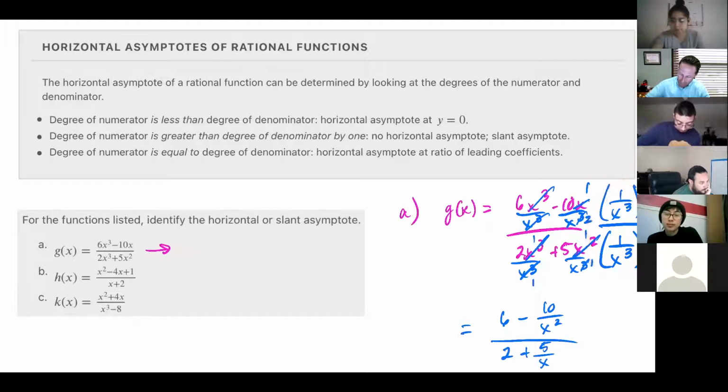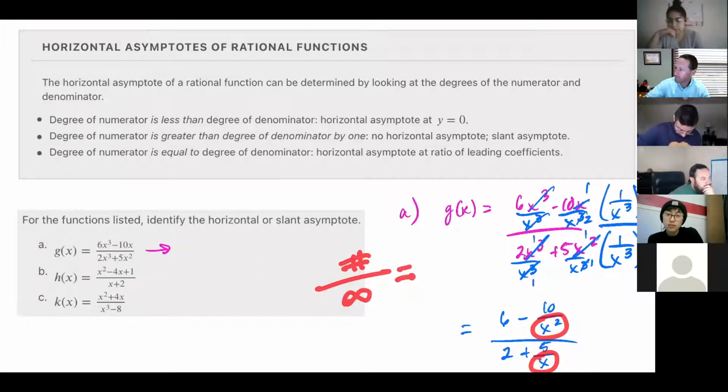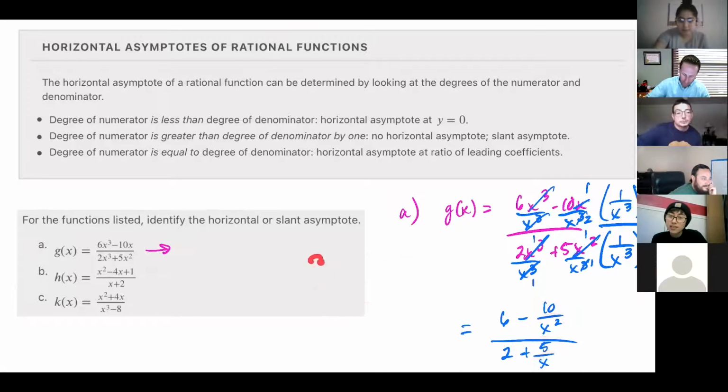Because now, if I go to plug in infinity here and here, what did we say any number over a really big number will equal? Anybody? What is 2 divided by, or let me just do 1, because that's what we had up there. We had 1 divided by 10.